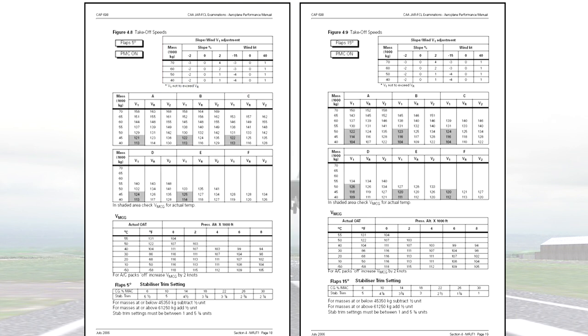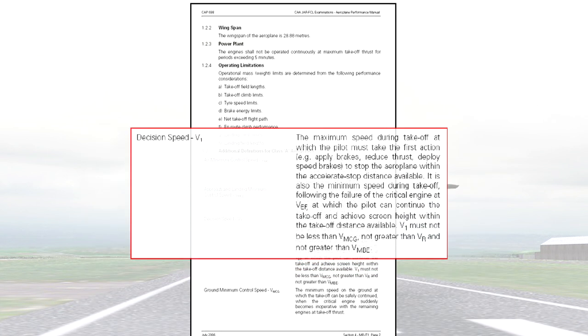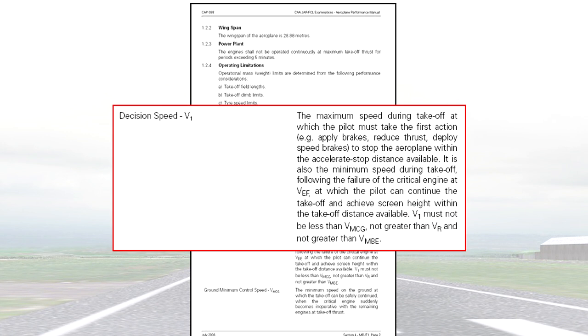Having finished discussing the main factors affecting V1, there are other influences, however, which may or may not change the value of V1. Two influences on V1 in particular are the speeds VMCG and VMBE. In CAP 698, on page 2 of section 4, we see the definition of V1.